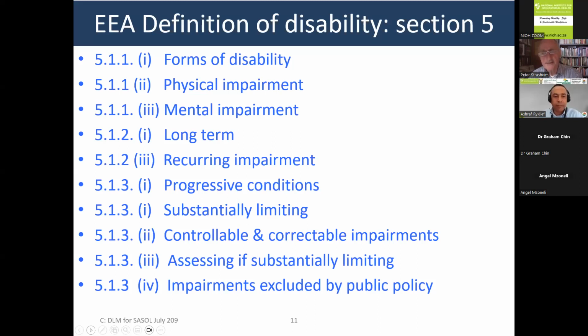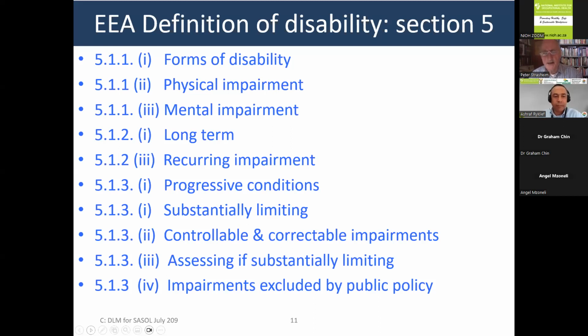Because if it's any of those three, and all of these other conditions are satisfied, the person will be disabled. The key one is whether it substantially limits. And going back to the focus of my presentation today, long-term COVID, with cognitive declines as a result of neurological injury, it would clearly be substantially limiting.